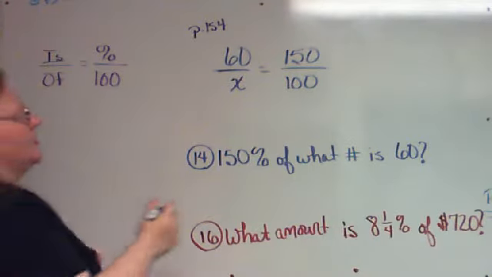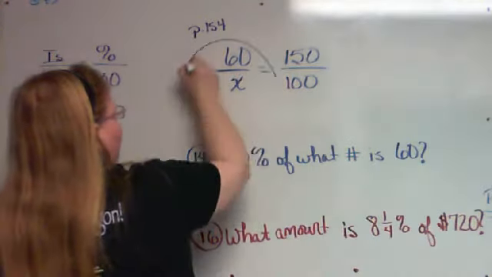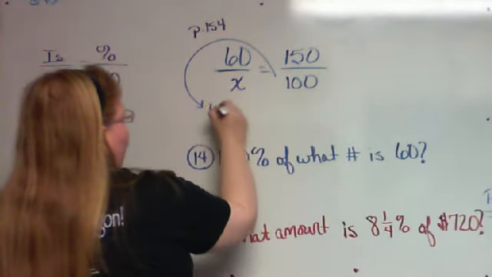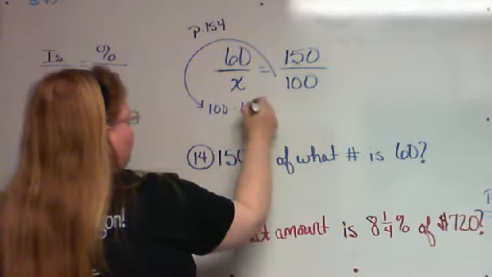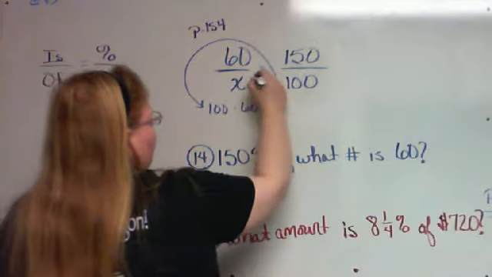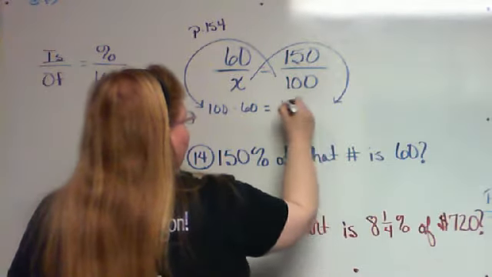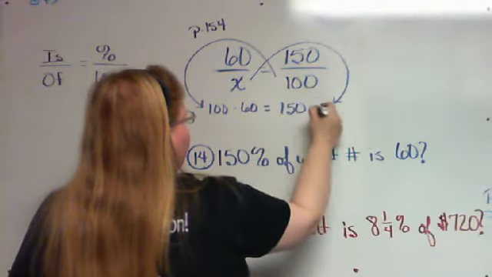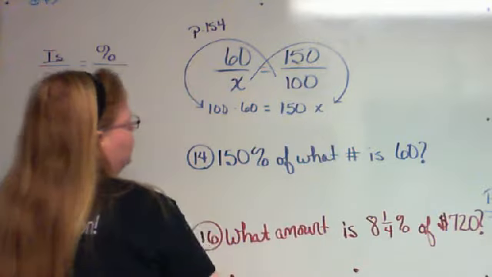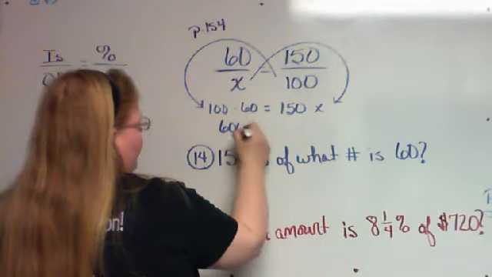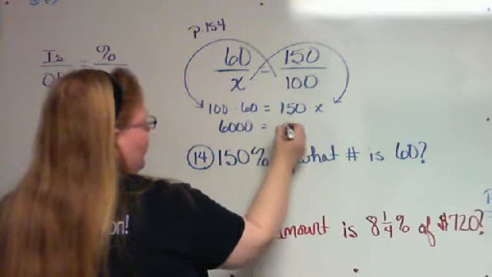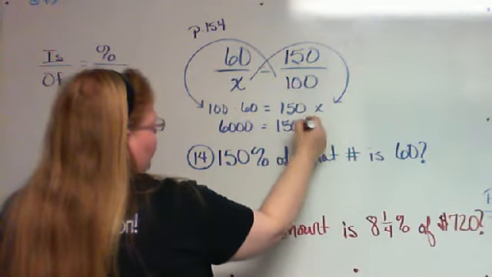And now I can cross multiply. When I multiply this way, I get 100 times 60 equals, multiplying this way, 150 times x. Over here, that's 6,000 equals 150x.